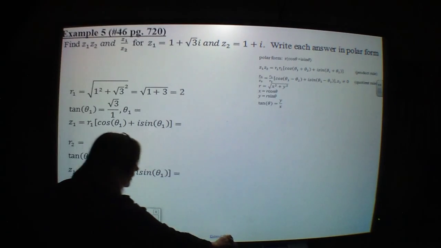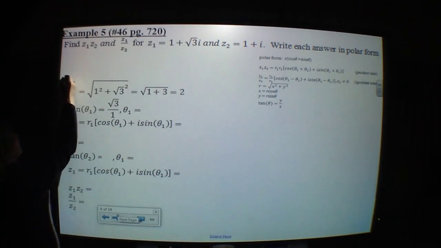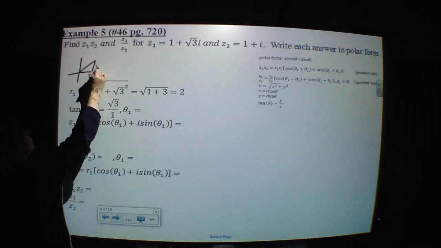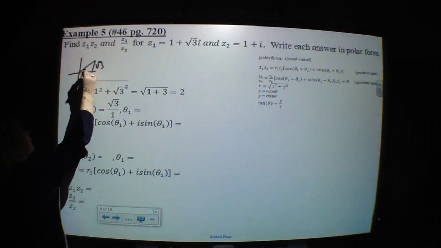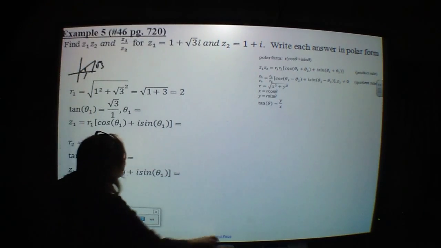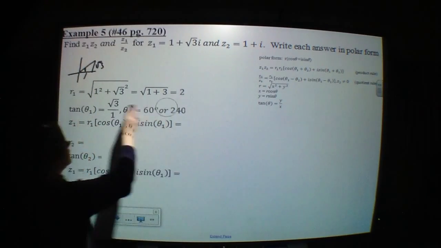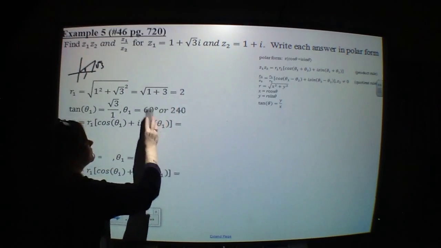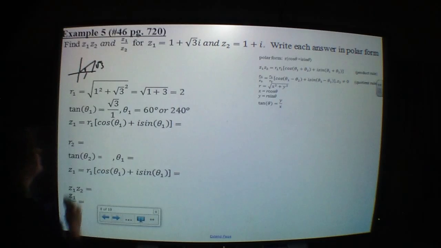And if you want to draw it out, radical 3, 1. So that's the angle we're talking about there. So that's 60 degrees or 210. These are both positive, so it has to be 60 degrees, sorry. Okay?